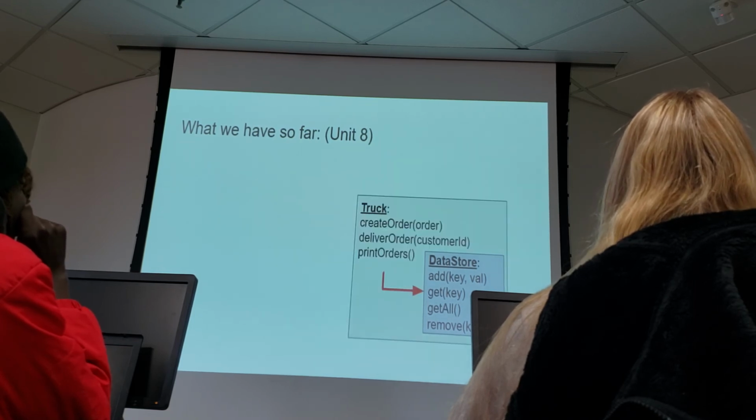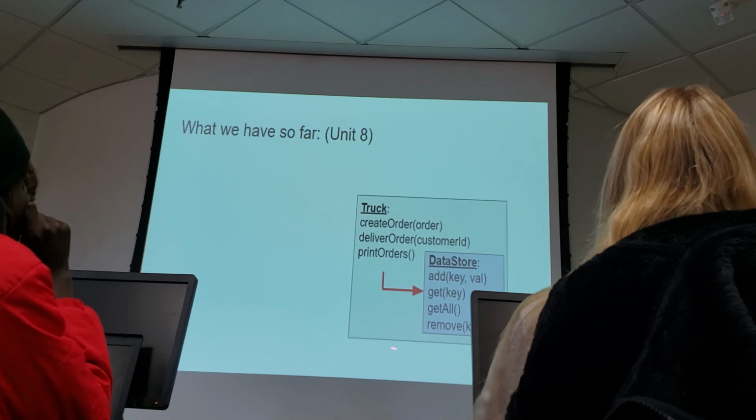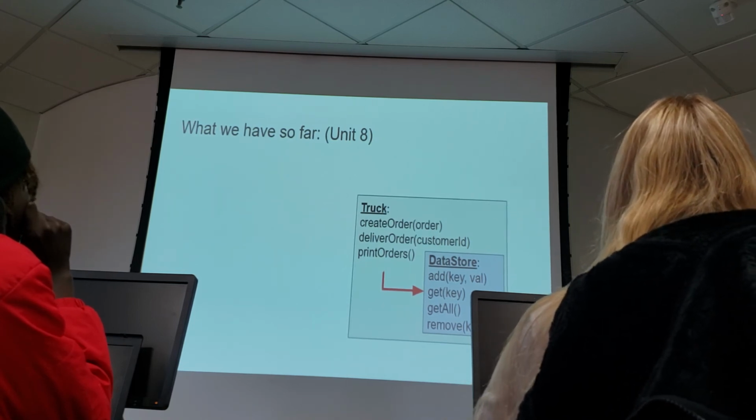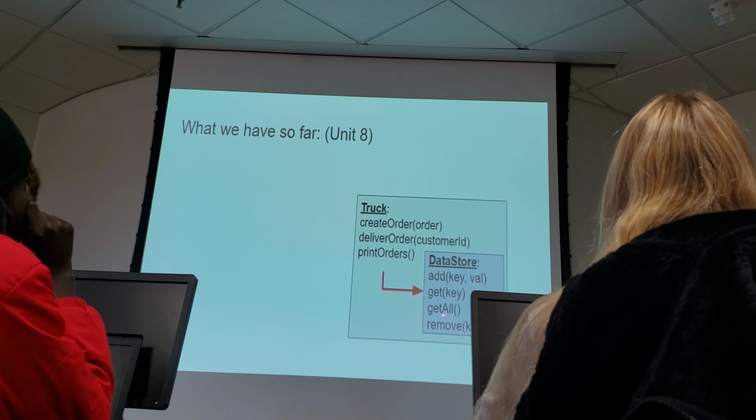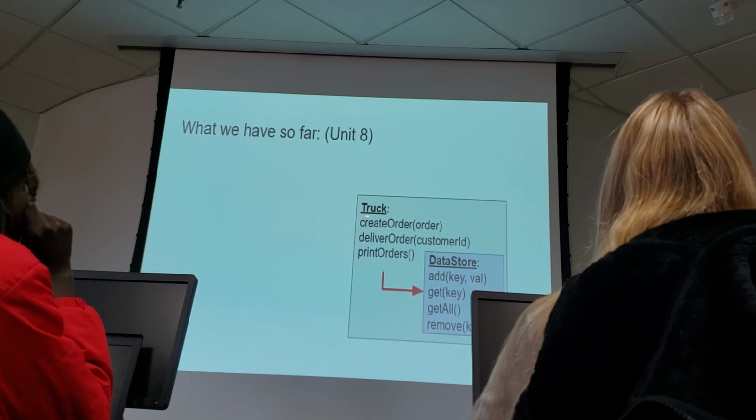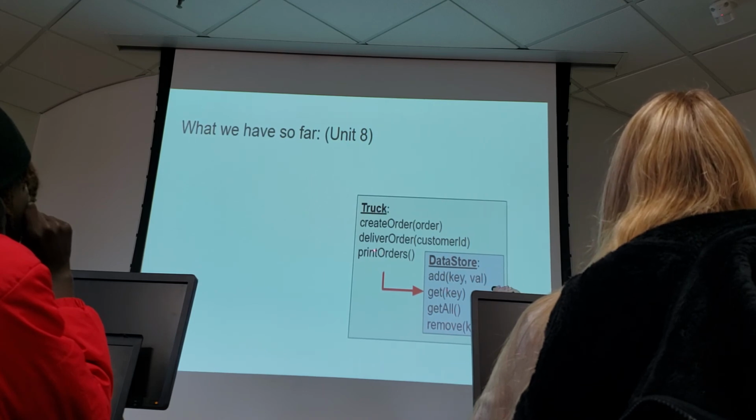So in Coffee Run, what we do is we have this object called a truck, and it holds a data store. We didn't want to have to reinvent all of this inside our truck. We wanted to just have this generic way of storing data, and then add a few little things that are specific to our project. Yes?